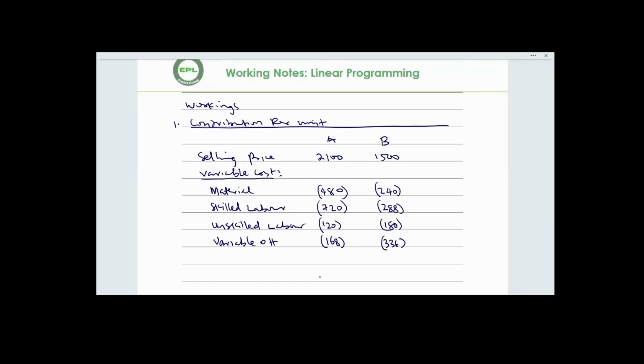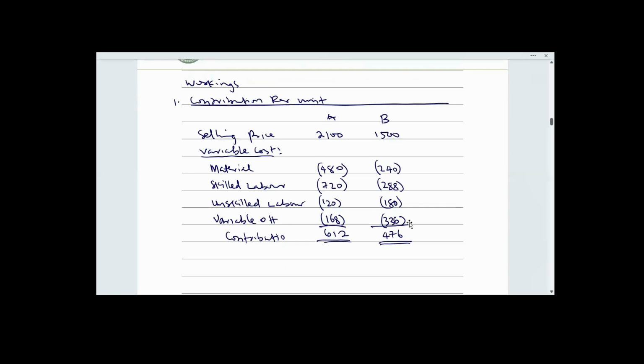Let me write this. So find me the difference. This represents contribution. For A, it's 612. For B, 456.